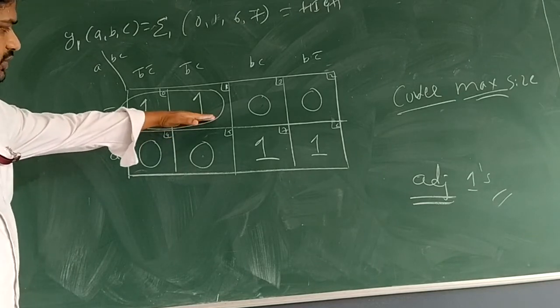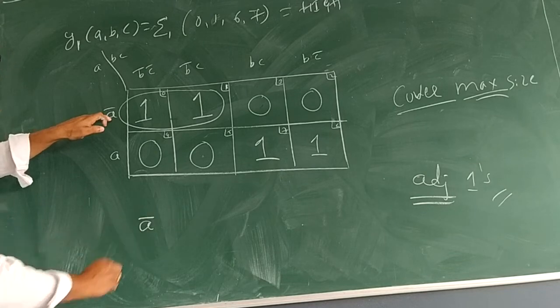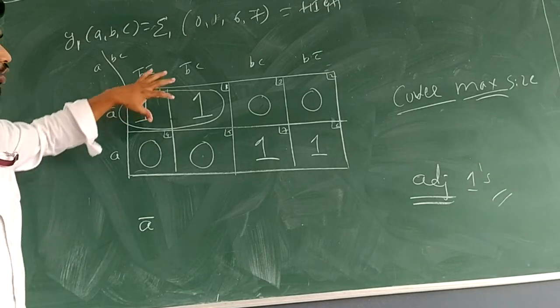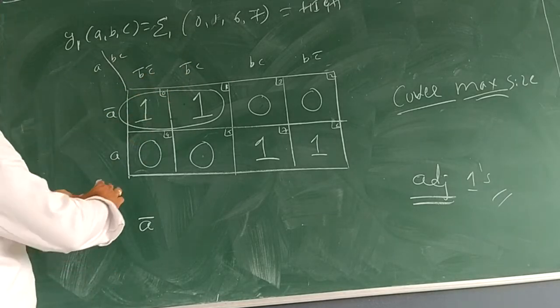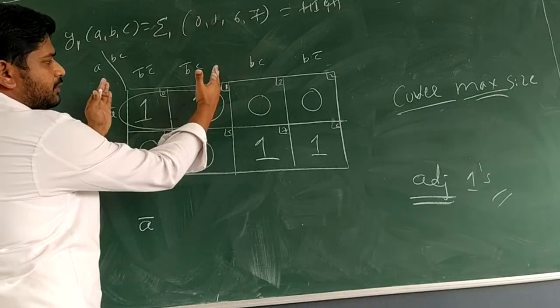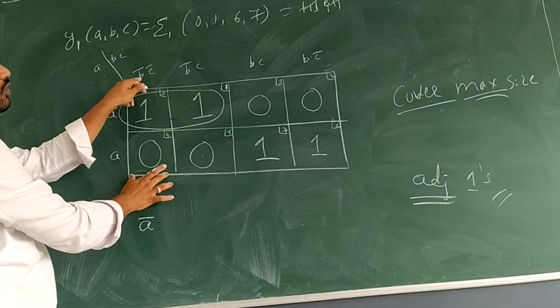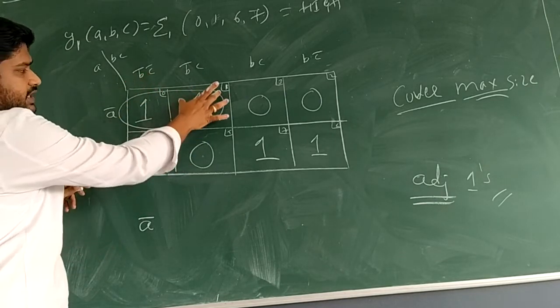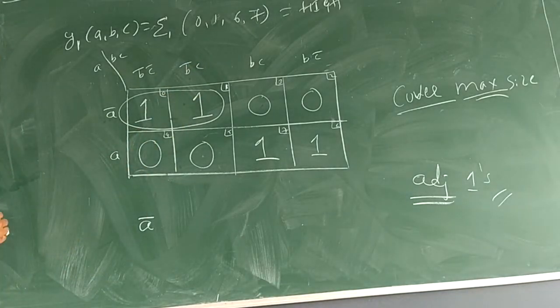So what is the common thing with respect to row? A complement. Okay, so what is the thing common column wise? See, this cover is applied between these columns.